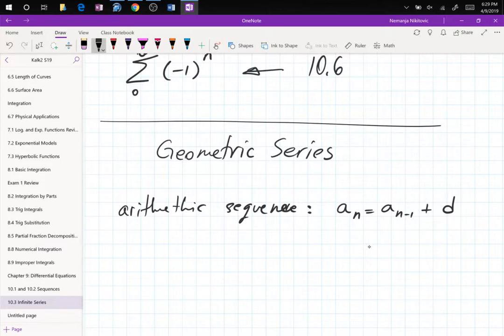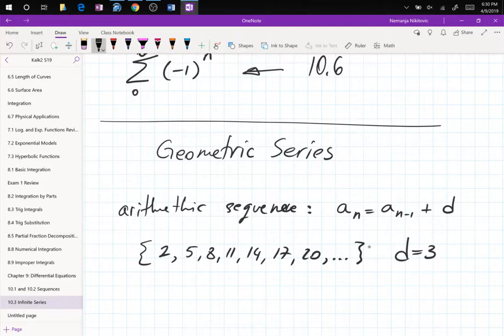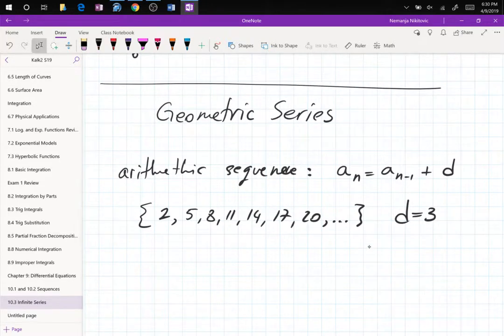Good example would be, let's say, start at 2 and keep adding 3 every time. So 2, 5, 8, 11, 14, 17, 20, and I'm bored. So your D is clearly equal to 3 in this case.